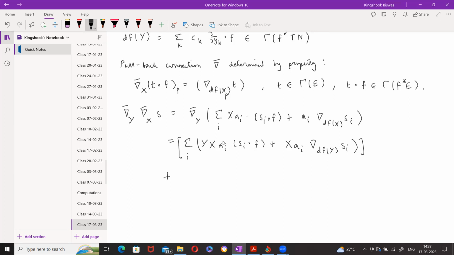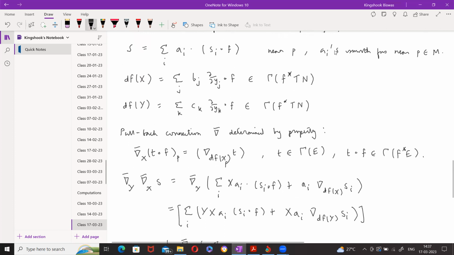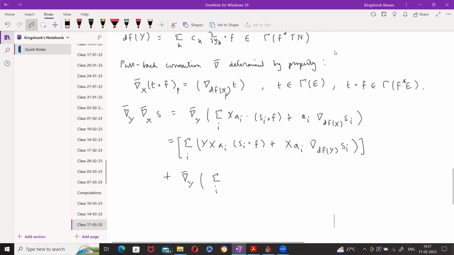So then I have nabla bar_Y acting on the sum over j of b_j del/del y_j composed with f, which becomes a sum over j also, a_i b_j.